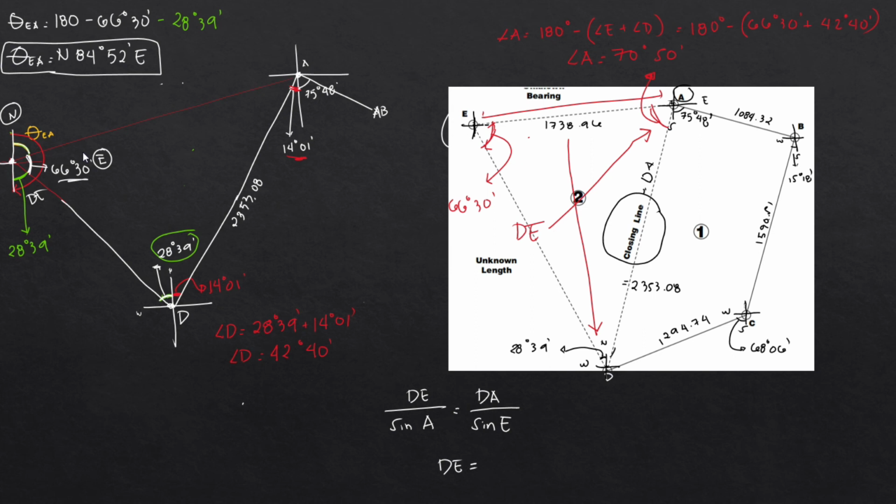Okay, so DE ngayon is equal to DA natin is 2,353.08 over times sine A natin, cross multiply natin, sine A natin ngayon is 70 degree 50 minutes. Then sine E natin is 66 degree 30 minutes.